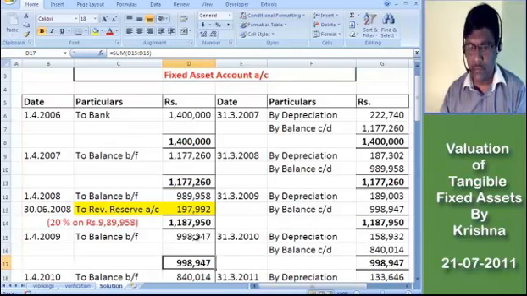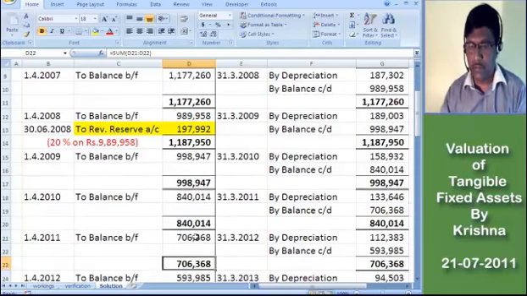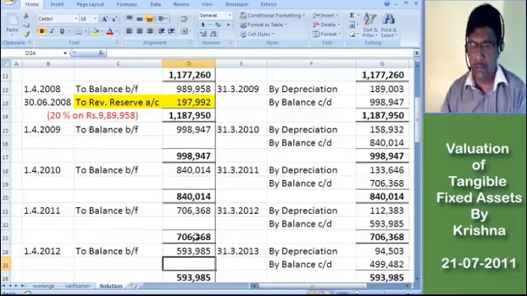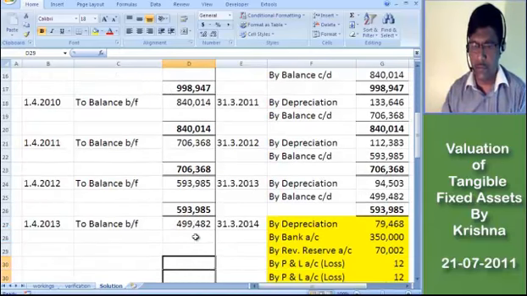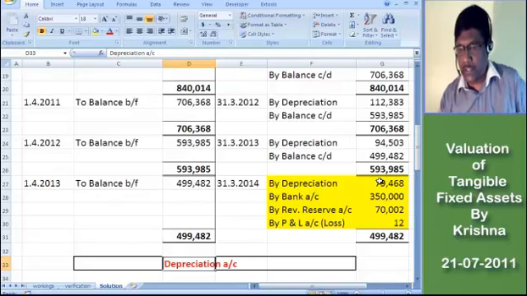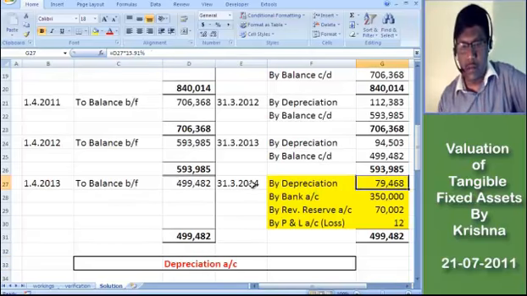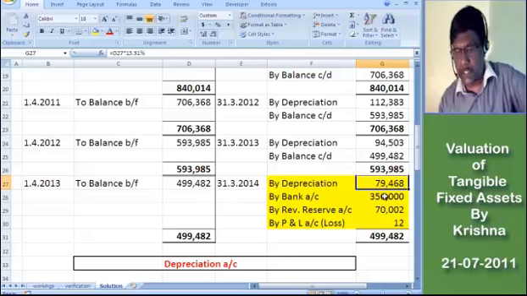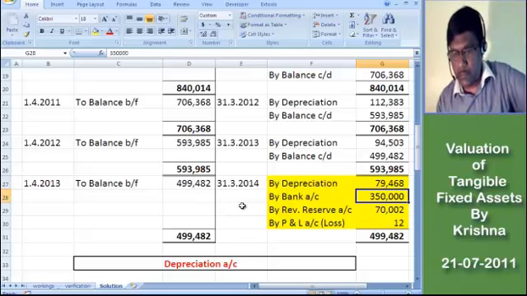At the end of the 8th year, see, one year's full depreciation we have to charge. For the 4,99,482 brought forward figure, we are charging 15.91 percentage. Then we are getting 3,50,000 rupees as the salvage value.